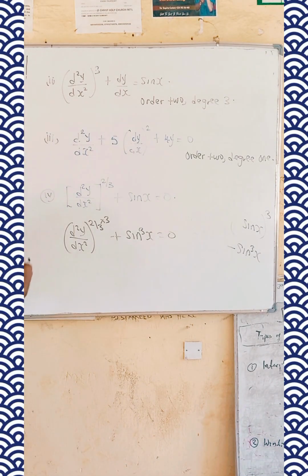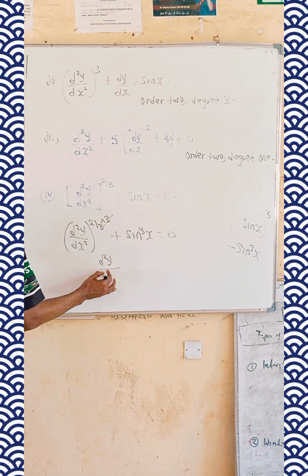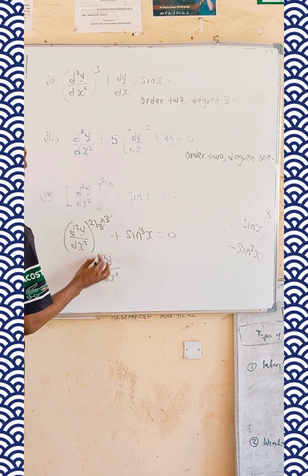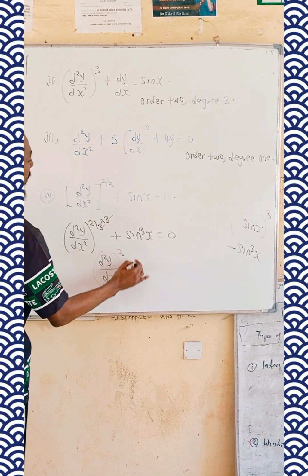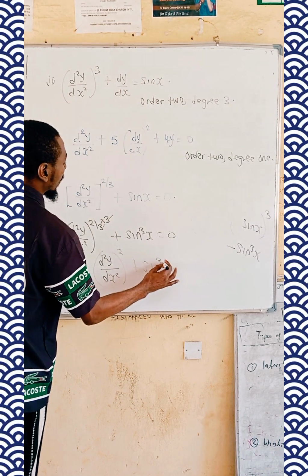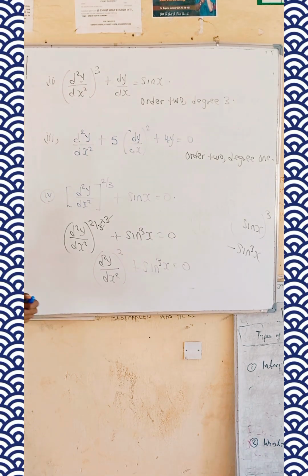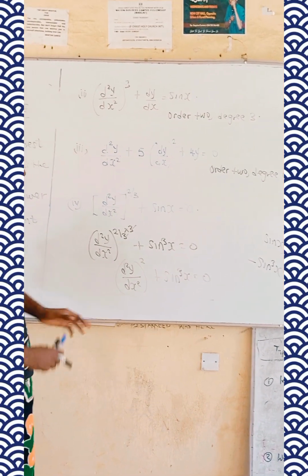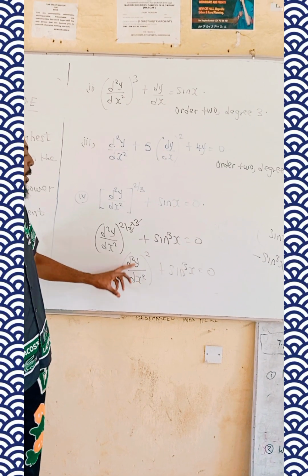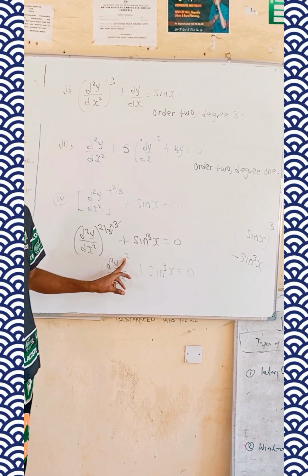So now, 3 cancels 3, and we now have (d squared y over dx squared) all raised to the power 2, then plus sine cube x equal to 0. So the equation is now looking normal. Therefore, we can now see that the order of this equation is 2 and the power is also 2.